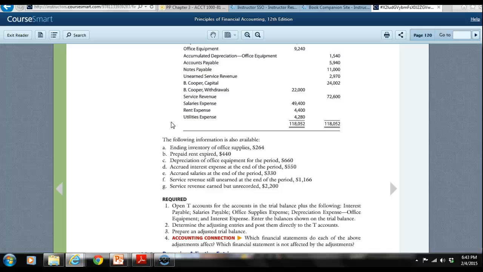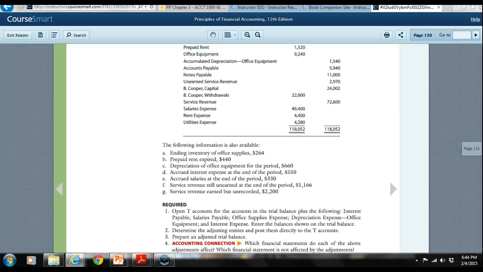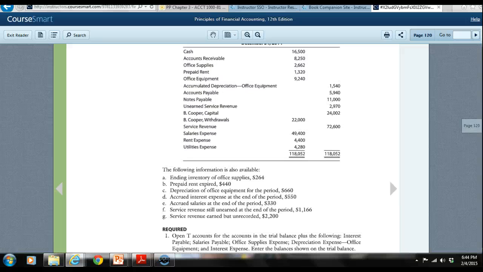So, think of this. Ending inventory of office supplies is $264. They're telling us they took a physical count of the office supplies at the end of the period, and there's only $264 remaining. What does our trial balance show our office supplies were? 2,662.